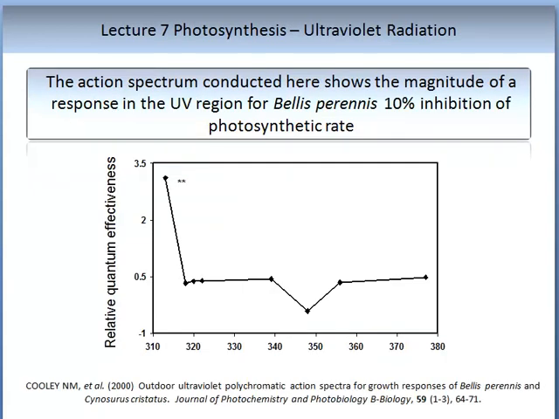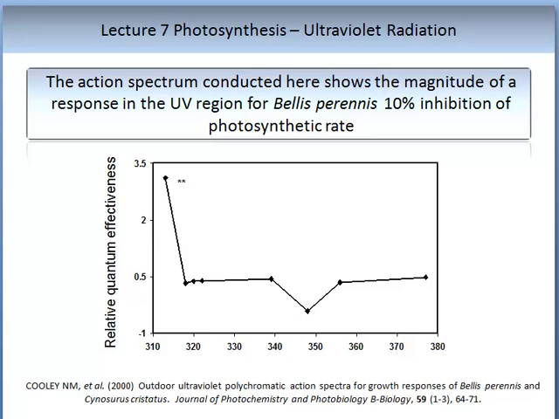Here is another example on the slide of an action spectrum. This action spectrum is of a response of the plant Bellis perennis, commonly known as daisy. On the axes you have relative quantum efficiency and wavelength.